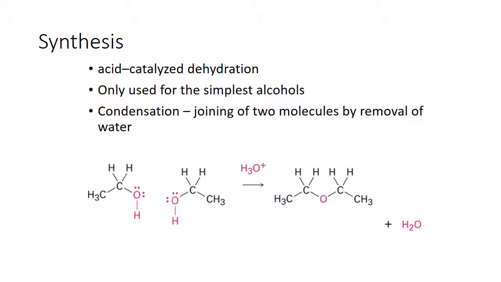To synthesize them, we're going to see that we can do two reactions. We can either condense them or we can do an SN1 or SN2 substitution reaction to form an ether. The condensation is shown below, and because you have to use acid, the conditions are not really for anything other than just the simplest alcohols.